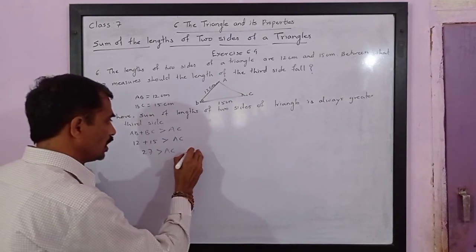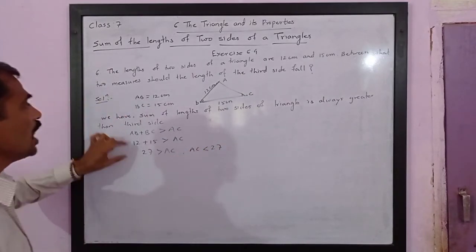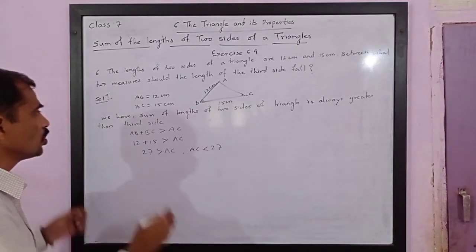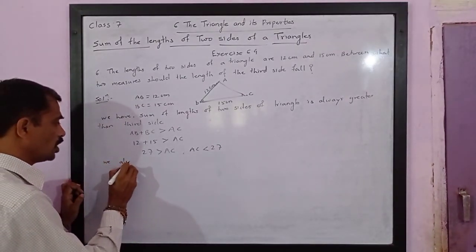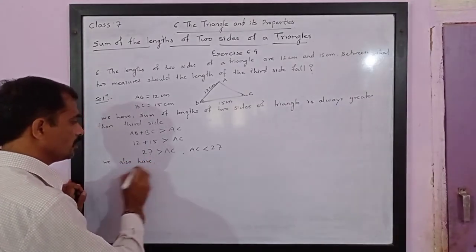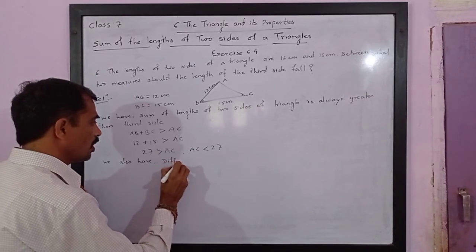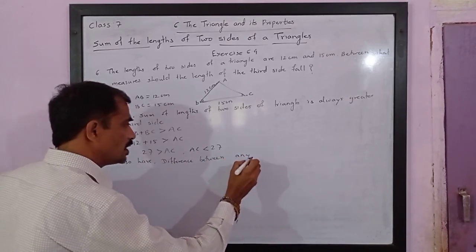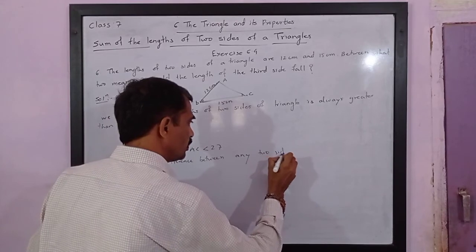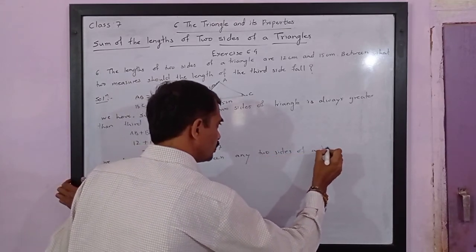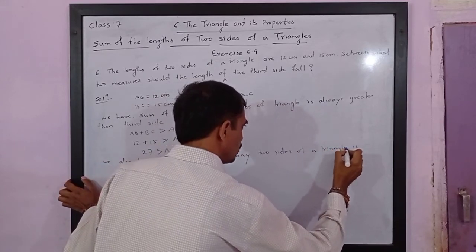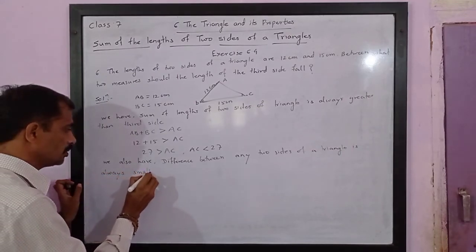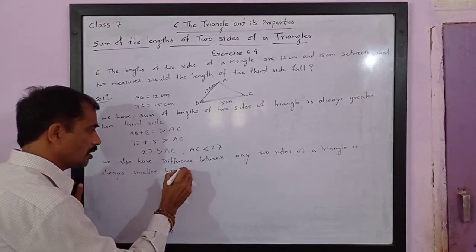Now please watch carefully. We have another property: the difference between any two sides of a triangle is always smaller than the third side.